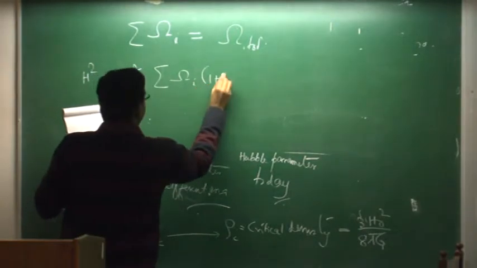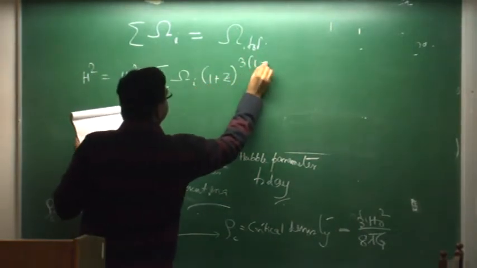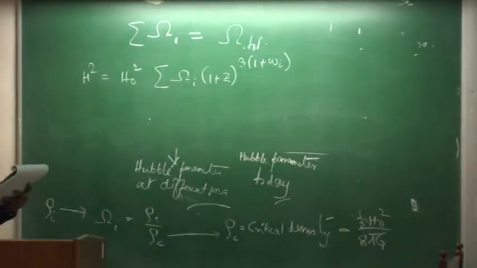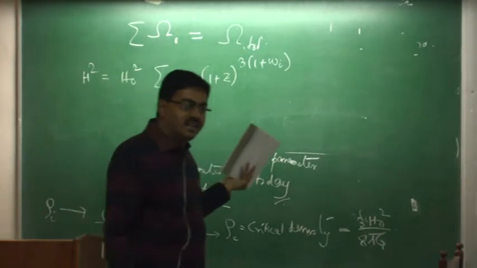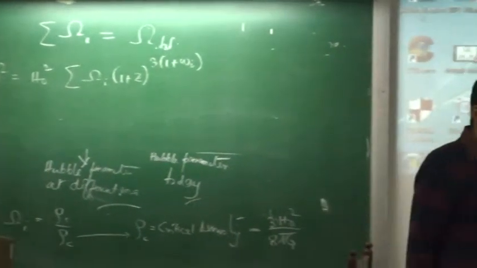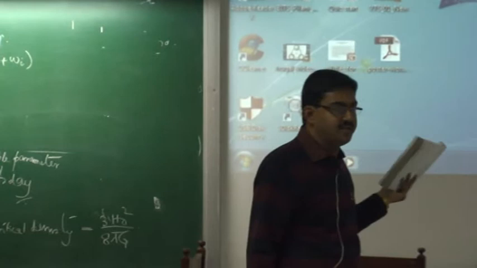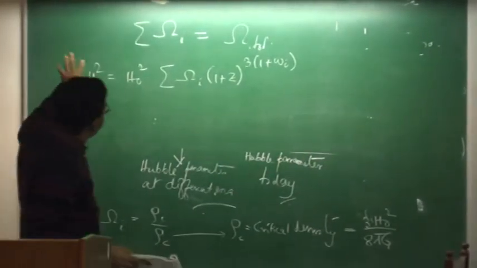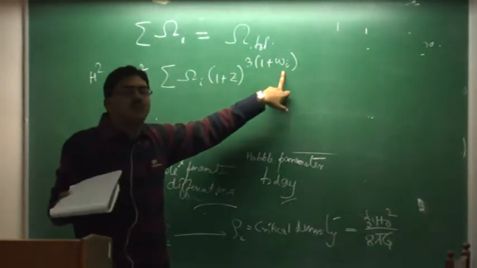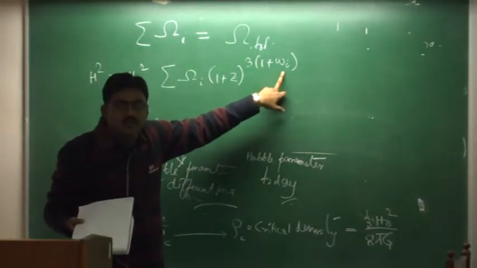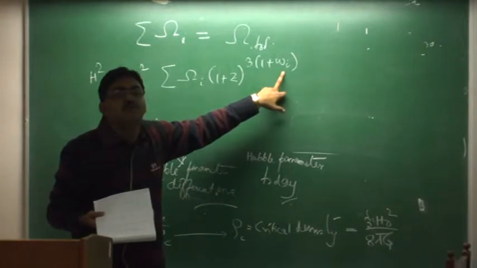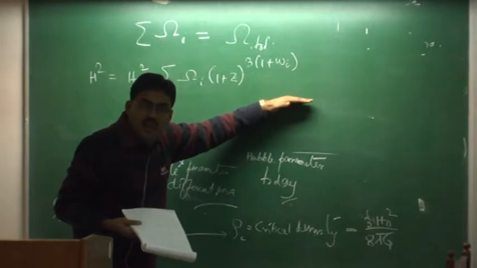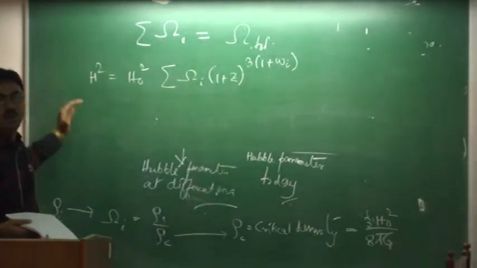omega i, 1 plus z. You can readily check. I think you have already done this in Prasoon's lecture. Right. So what you can do is in the right hand side, you put i equals 1, 2, 3, 4, 5, whatever you choose, whatever cosmic species your universe is made of, you dump everything in the right hand side, and you have this equation left for you.